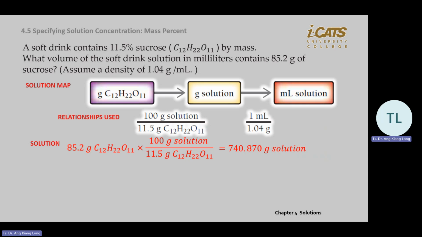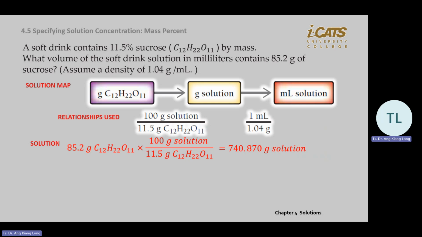It gives you the concentration of 11.5%, sucrose by mass. So this actually means 11.5 gram over 100 gram of solution. Then the question says you want to have the same concentration. Now what is changed? The volume changes.